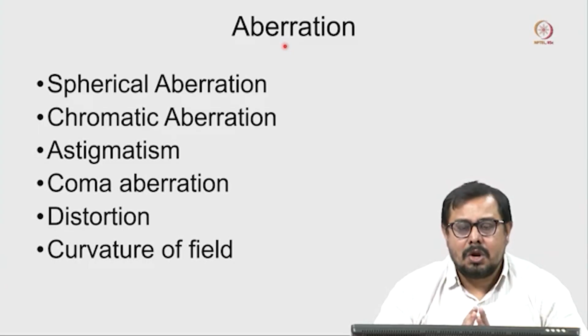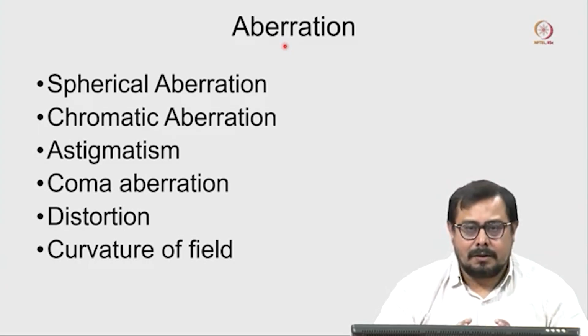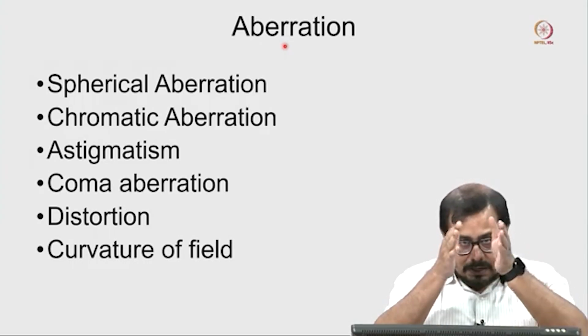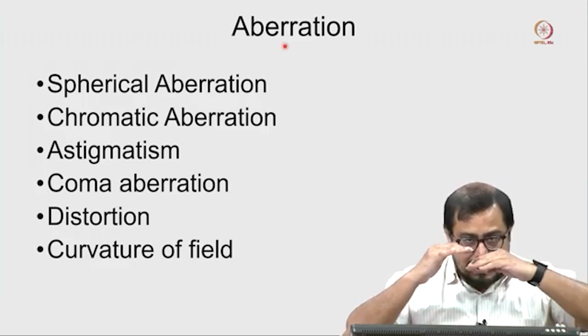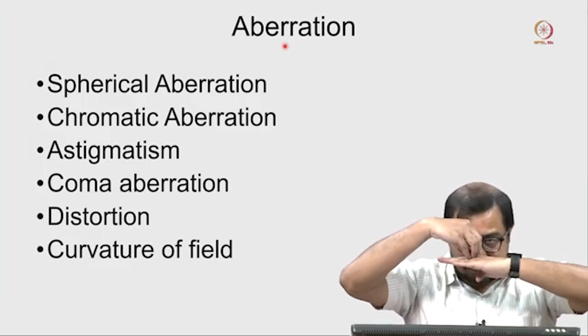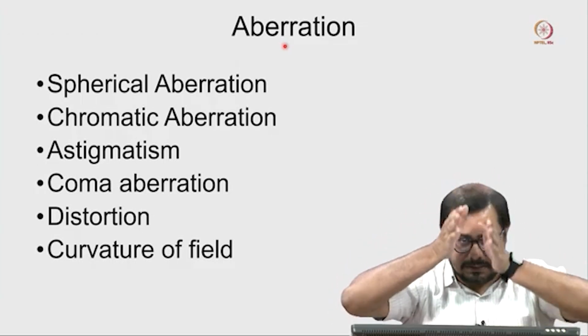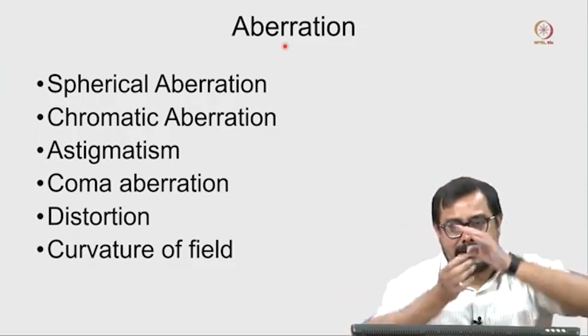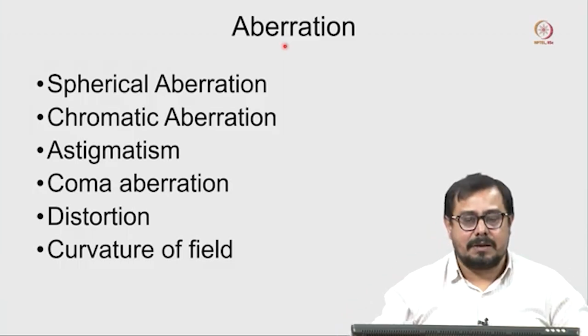Signal means, when we have a parallel electron beam, the parallel electron beams are coming and interacting with our specimen, right? This is our specimen. All this parallel electron beam falls on our specimen, and then they will deflect and give us an image.